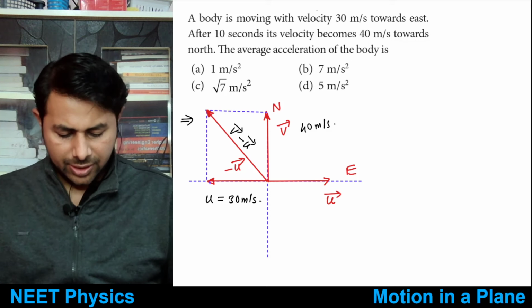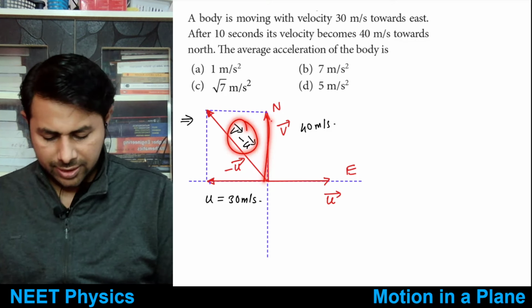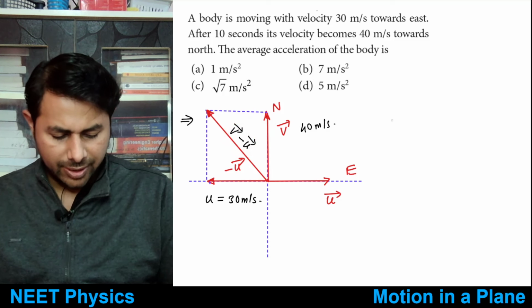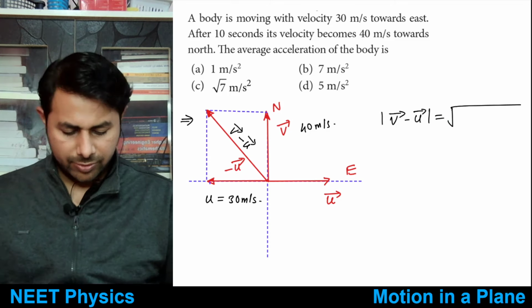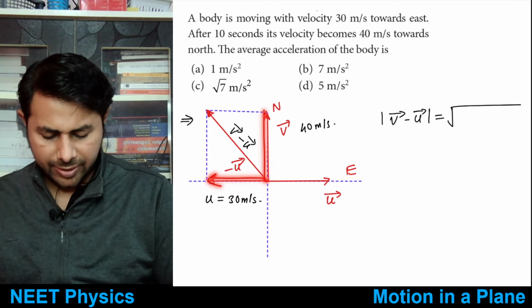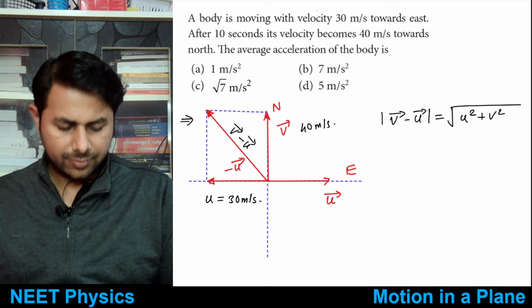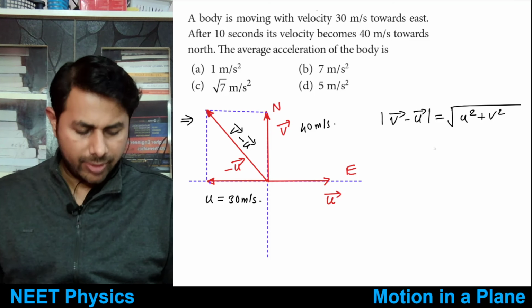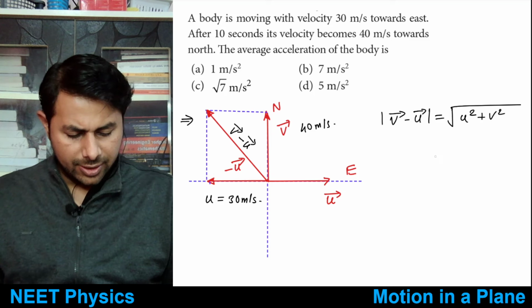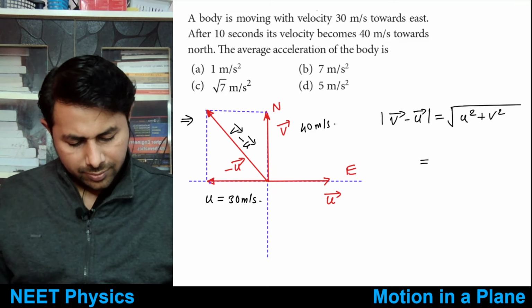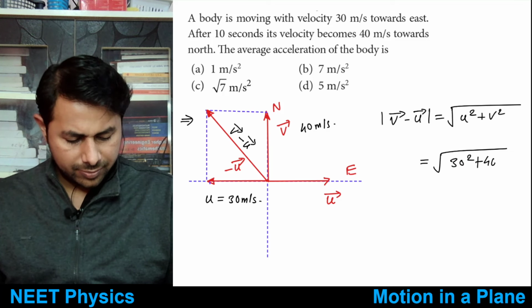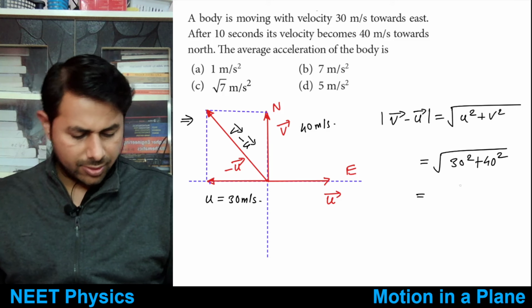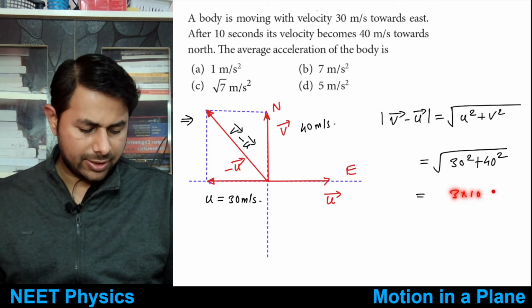How much is it? Okay, this is the resultant. So magnitude of v bar minus u bar is just equal to what? Square root of u square plus v square. Okay, by parallelogram law, but it is just a rectangle. So that is equal to 30 square plus 40 square. So you can say this is 3 into 10 and this is 4 into 10.